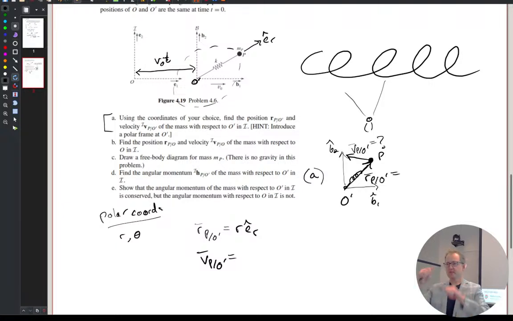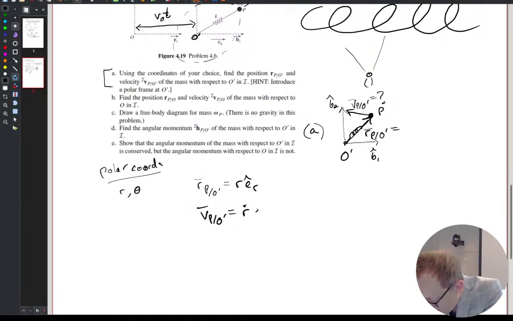Flip through the textbook and find the definition for velocity in a polar reference frame. Here it is: r dot along ER plus r theta dot along E theta. All we really did was recognize that this thing seems to be moving circular-ish, so we chose a polar frame and wrote down the definitions for motion in a polar frame. That's all we need, at least to get through that first step.